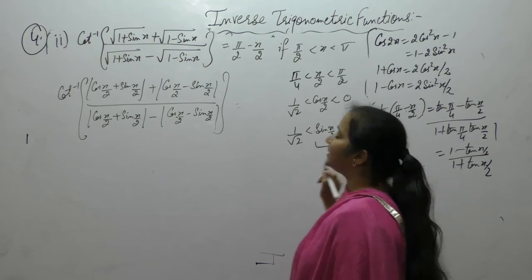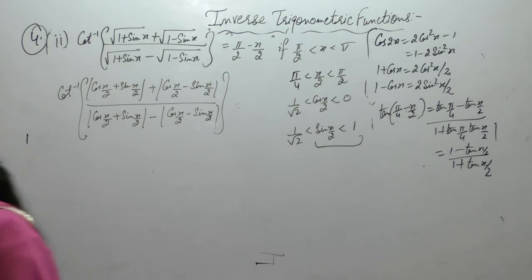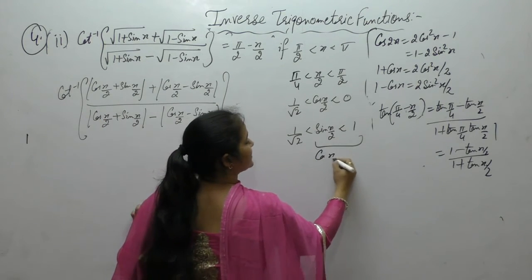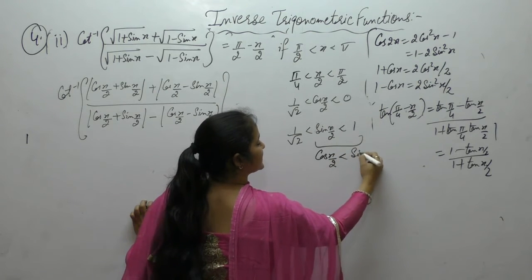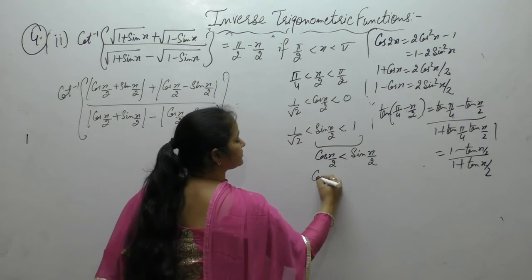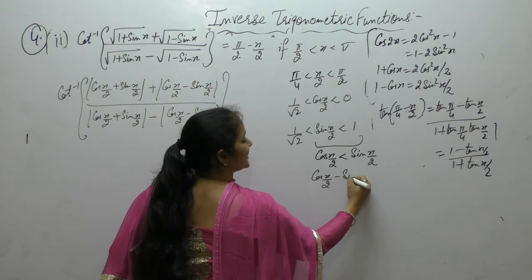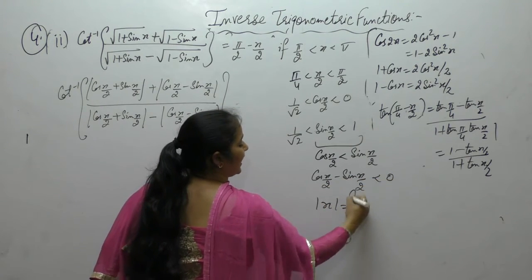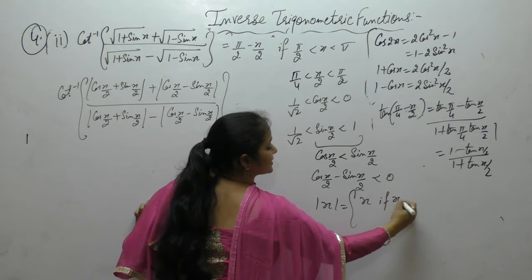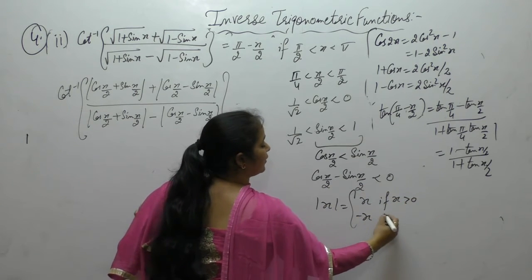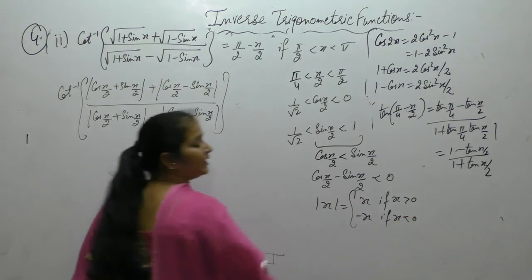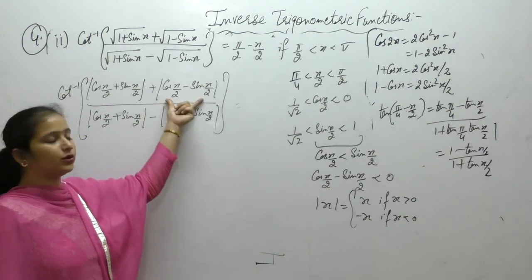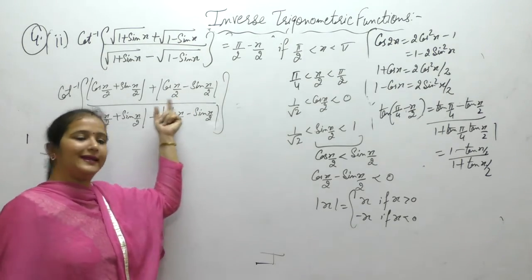Sin x by 2 is less than 1 and cos x by 2 is less than 0. It means cos x by 2 is less than sin x by 2, or we can say that this term is less than 0, and we know that modulus of x is x if x is greater than 0 and negative x if x is less than 0. Since this value is less than 0, this modulus will be negative.